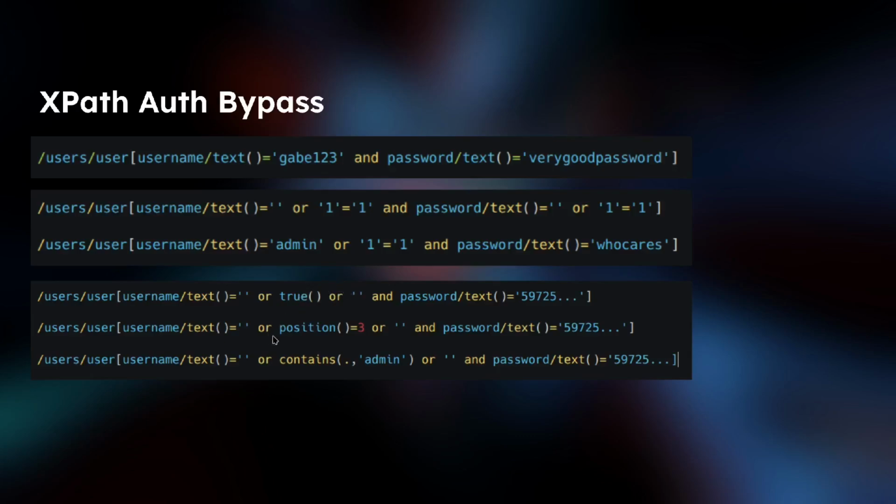You can remedy this by specifying the position. So this would be the user who's at position 3. And then again, because of these double ors here, it makes the query return true, and then all of our nodes are returned to us.